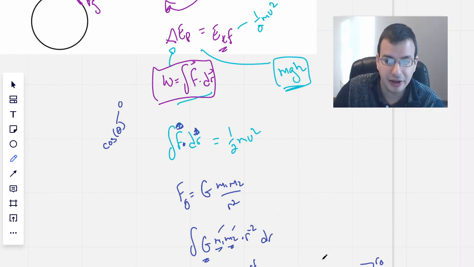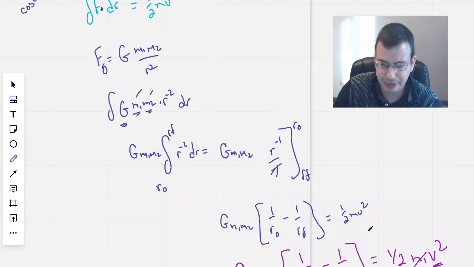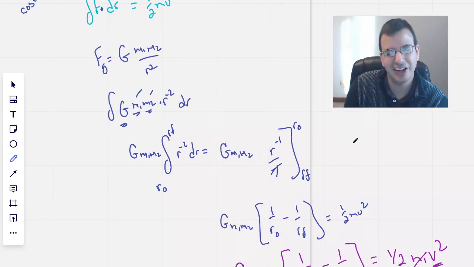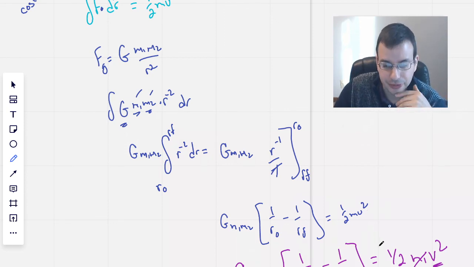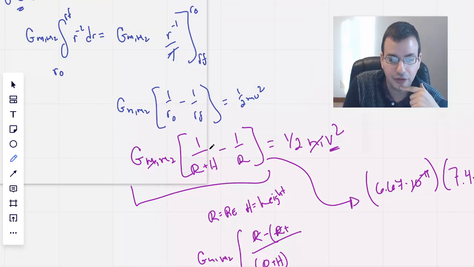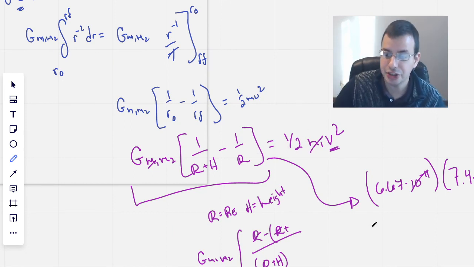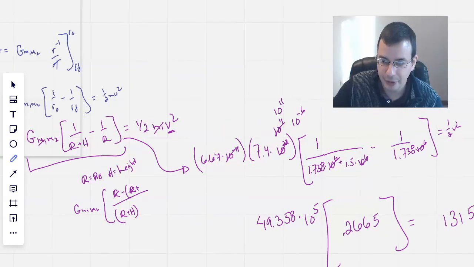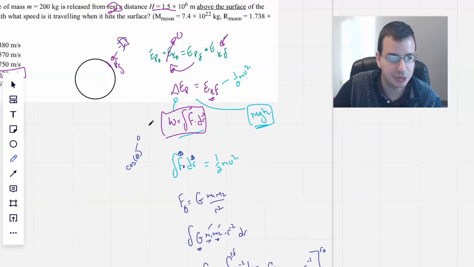We then plug that in, take the integral, do some craziness. It feels like craziness, but this is an integration you should be able to do. It's a power rule. We then get an answer for the potential energy in terms of 1 over r plus h minus 1 over r. We set that equal to 1/2 mv squared, do some algebra, solve the problem, and we got our final answer of 1622 meters per second.